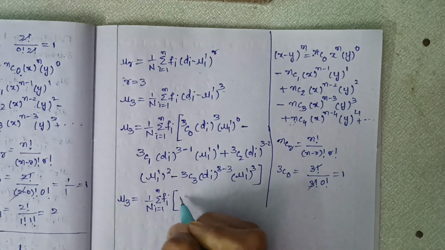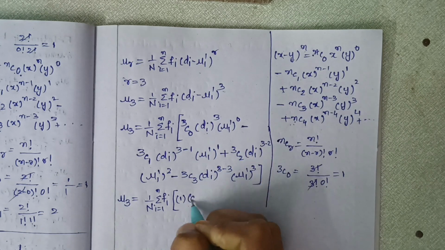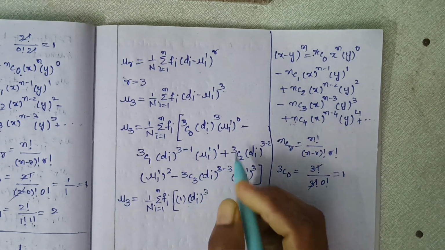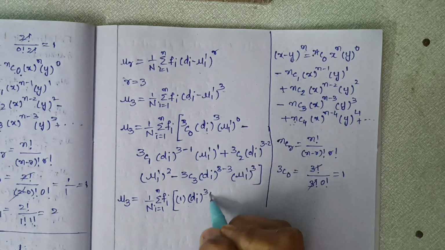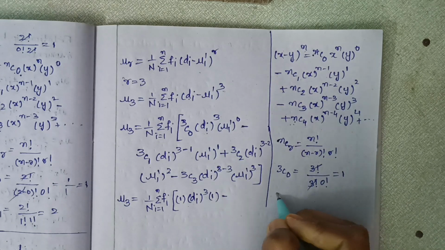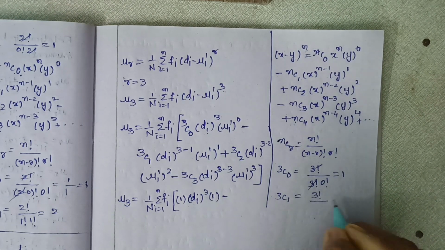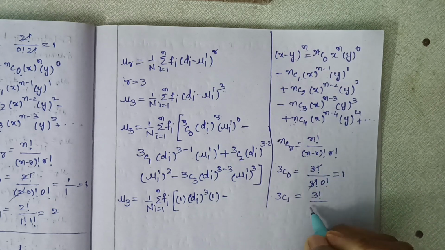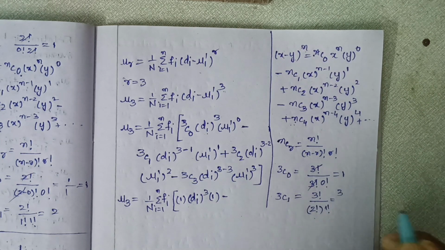So 1 into di to the power of cube, and anything to the power of 0 is 1. So 1, minus again 3C1. Therefore 3C1 equals 3 factorial by n minus r factorial, which is 3 minus 1 factorial, which is 2 factorial, and r factorial, r is 1, 1 factorial, which we can write.